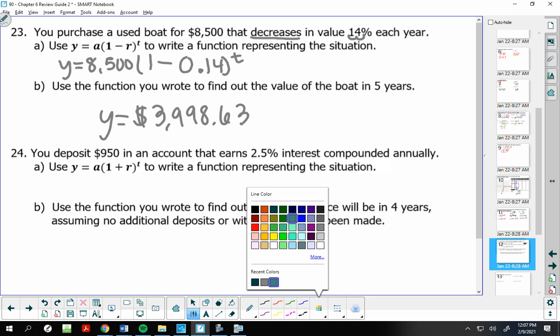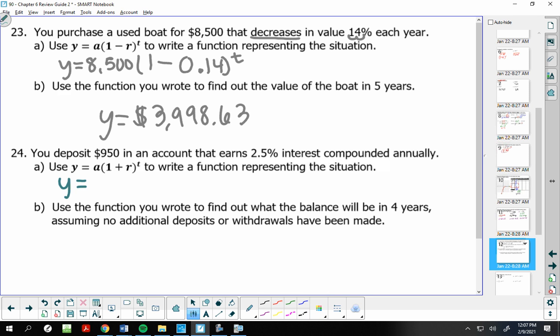You can see there's a plus sign here. So you deposit $950, so that's our initial amount A, into an account that earns, so it's increasing, 1 plus 2.5%. So move the decimal to the left twice, and that's 0.025. So we want to know what the balance will be in 4 years.